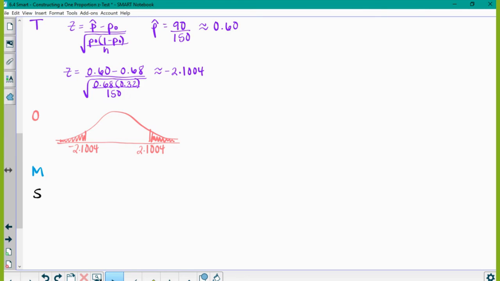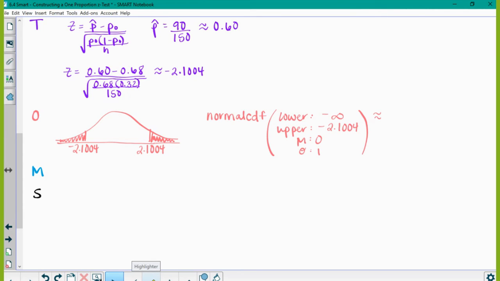The nice thing about this, you only have to find one. If you can find one of the areas, you just multiply it by 2. So you can either pick going from negative infinity to negative 2.1004, or you could pick 2.1004 to positive infinity. Either one, they're going to give you the same number. I believe I picked the negative option.